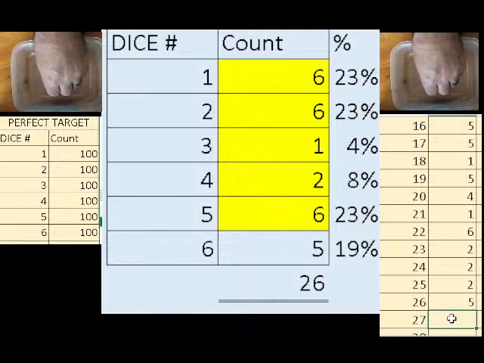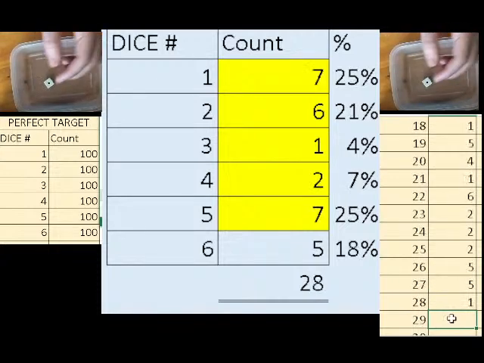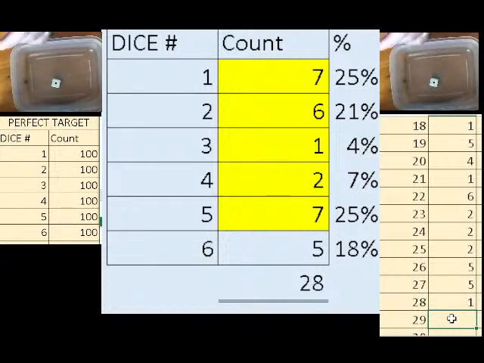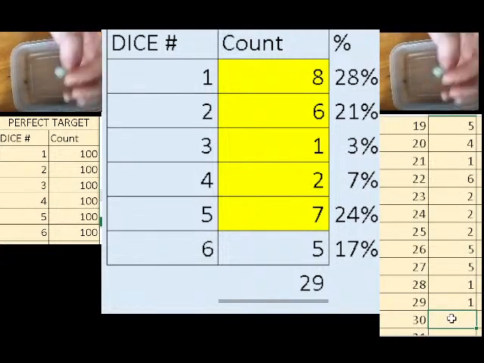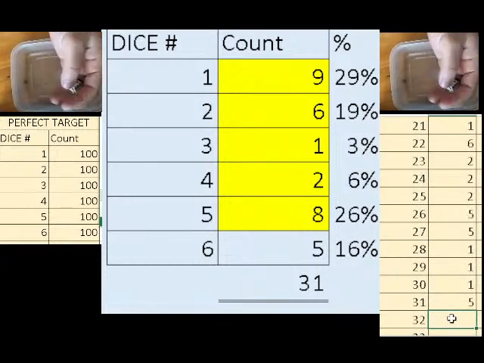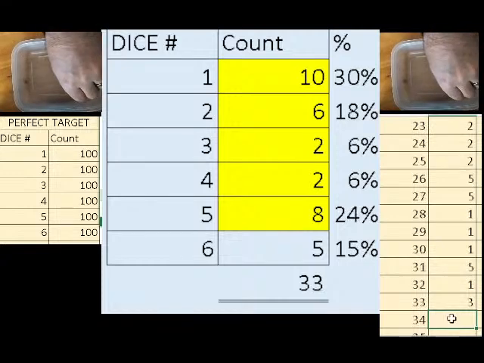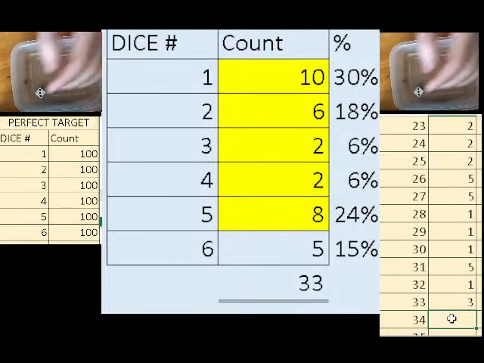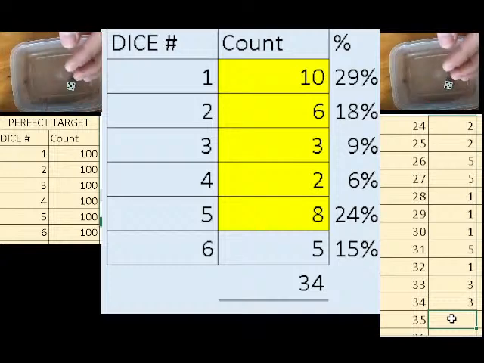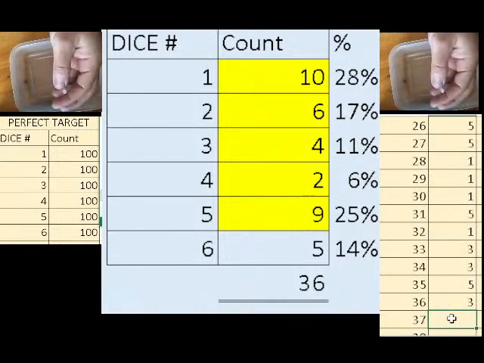Shame, poor 4. Poor 3 is now struggling to catch up. Wow. It's not going too slowly, but yes, we still have a lot.